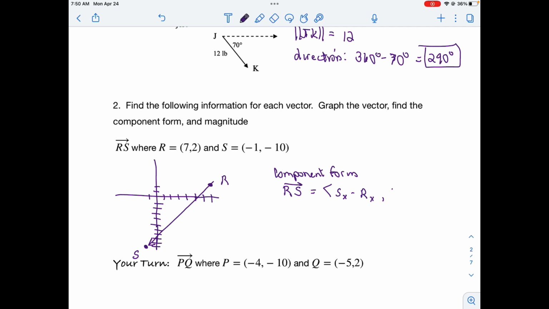And then we take the y of our terminal point minus the y of our initial point. And that's how you find component form. So in this example, I would take our terminal point S, and the x value of S is -1, minus 7, comma, -10 minus 2. And so the component form of vector RS is <-8, -12>.